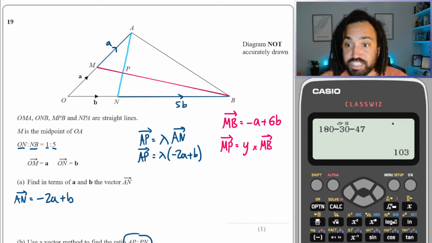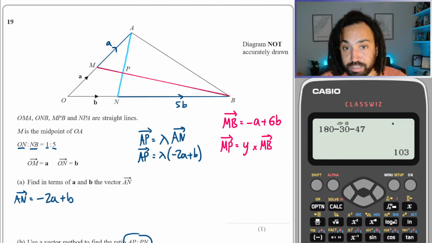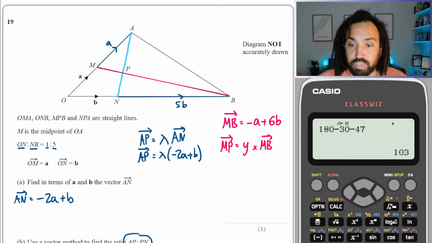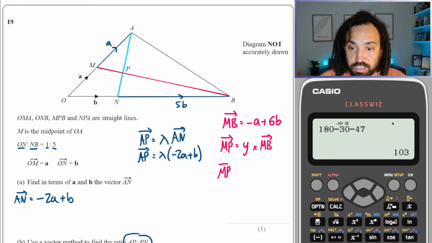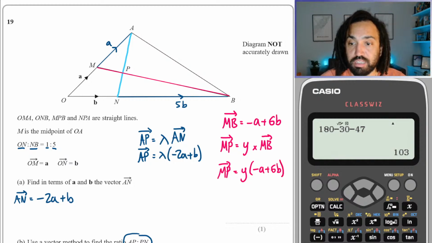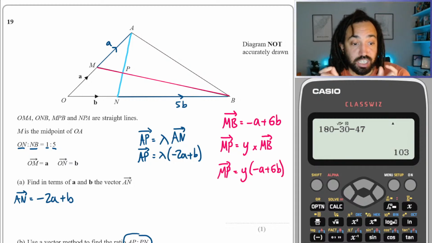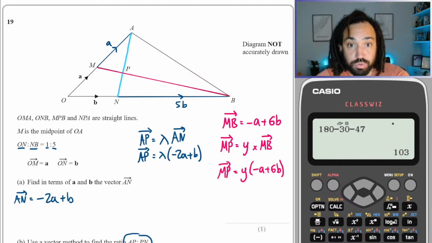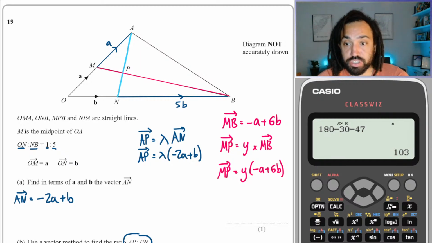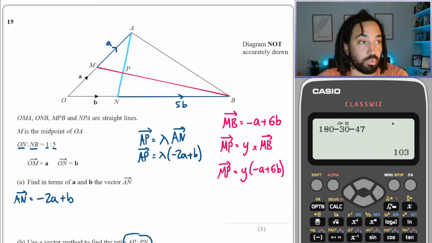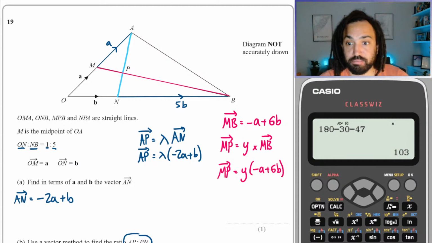So MP is a fraction of MB. Great. So MP is equal to y multiplied by minus a plus 6b. But what I need is two expressions, one with a lambda, one with a y, for the same thing.